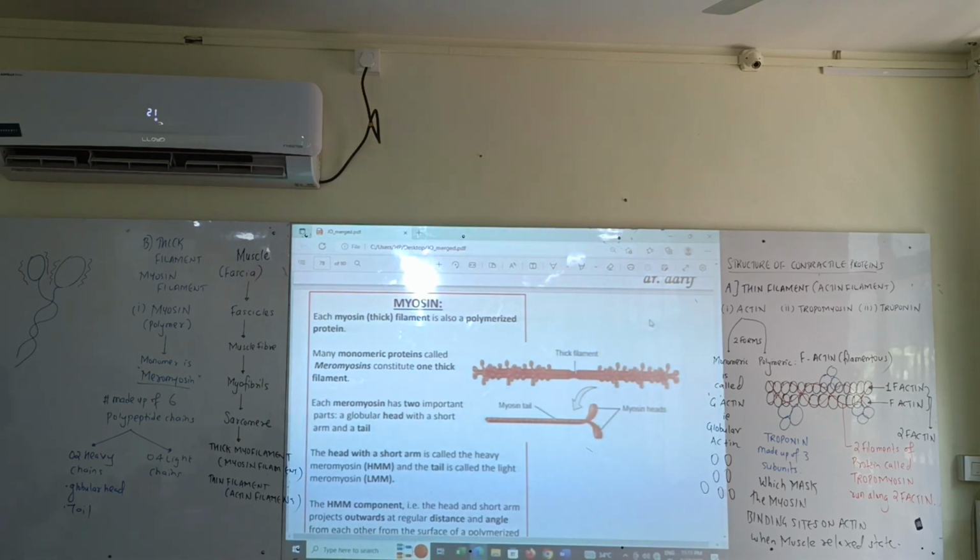Now, I will break the meromyosin into 2 parts. Alright? Do you see this part? Can I say it has only tail? Yes. It is called LMM. What is it called? LMM, Light Meromyosin.